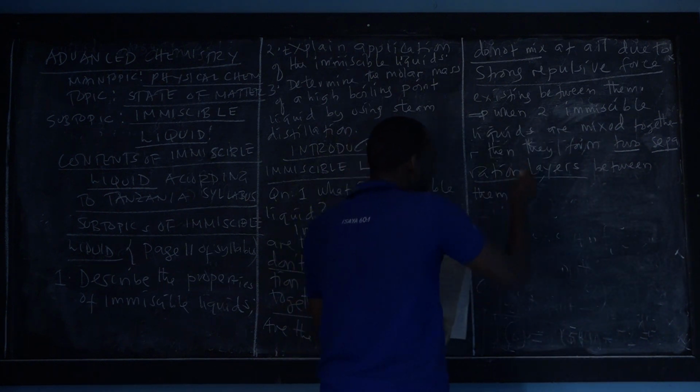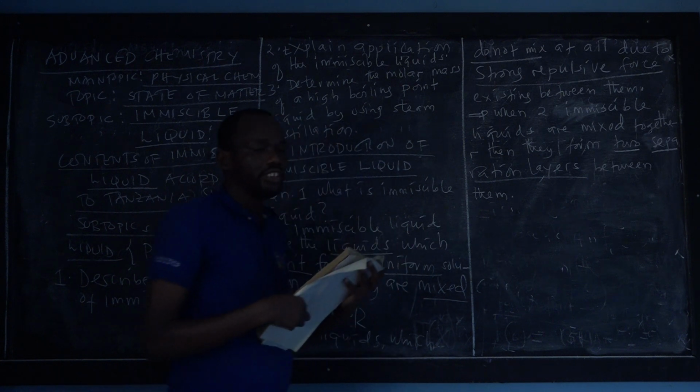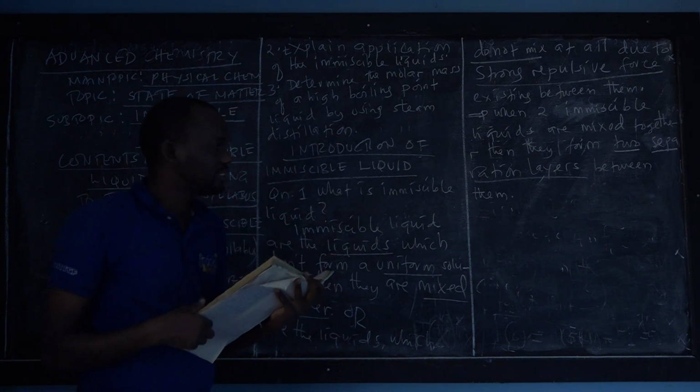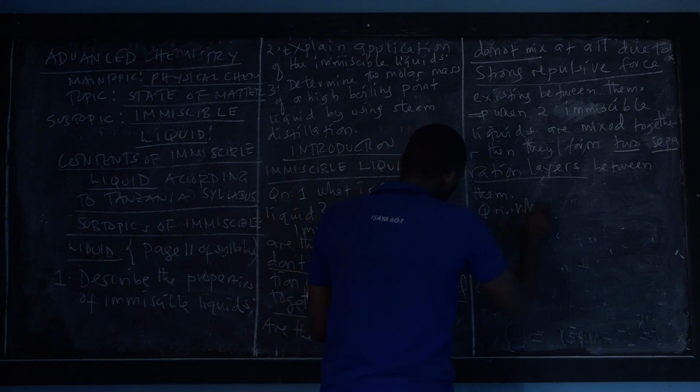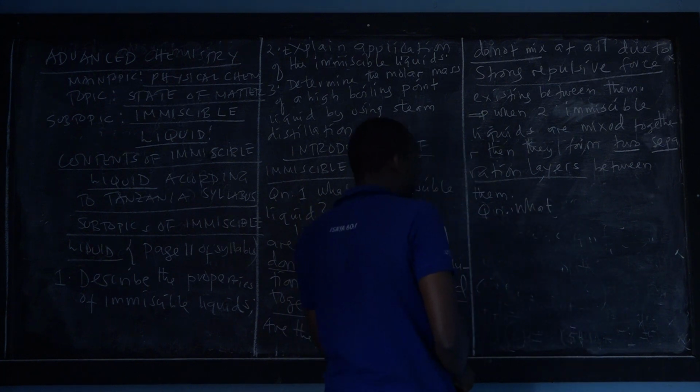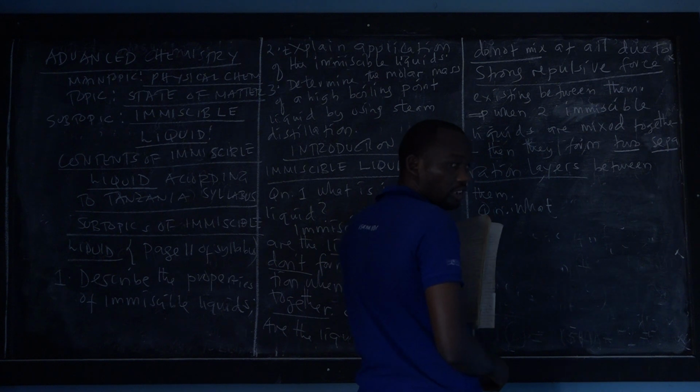So again, we have a new vocabulary, the separation layer. So what is a separation layer? That's the second question we have to answer in order for us to understand the concept of immiscible liquid.